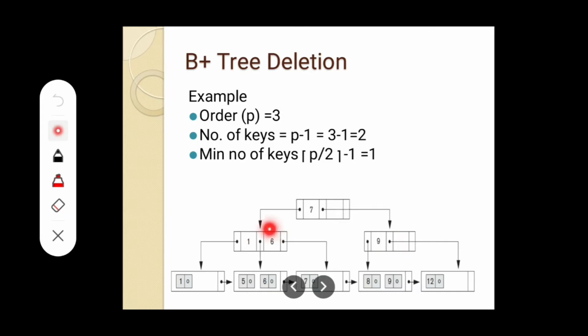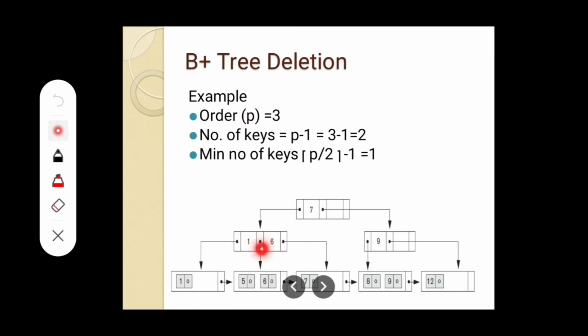Now check this one again. Whatever child comes to the left of this node is lesser than or equal to this value. So 1 is lesser than or equal to 1. Right answer.